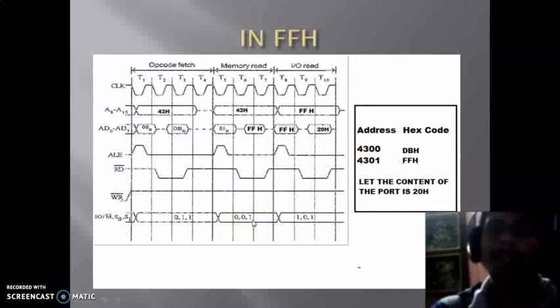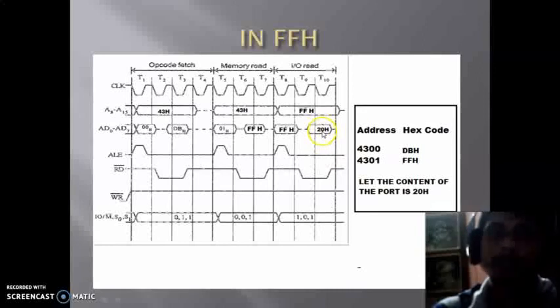Now the next operation is basically that the data from FFH will be stored into the accumulator. Say the data is 20H, that 20H data will be stored into the accumulator. Here the port address will be placed on the higher order as well as the lower order address bus, and the data will be placed on the data bus, and at that time the read operation is basically going on.